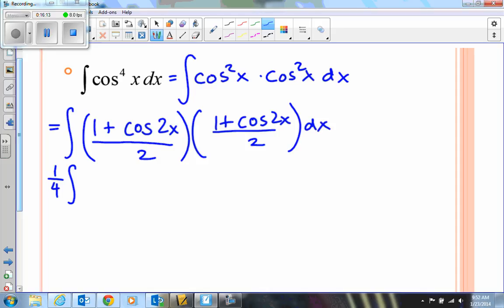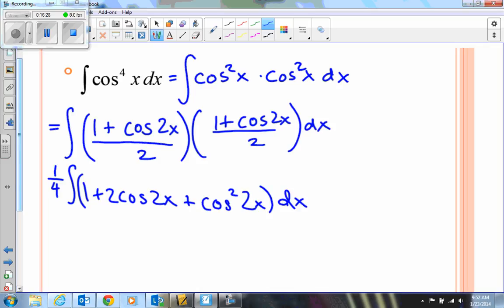So now I can FOIL. 1 times 1 is 1, 1 of the cosine 2x, 2 cosine 2x, plus cosine squared 2x. Well, I can integrate 1 pretty easily.